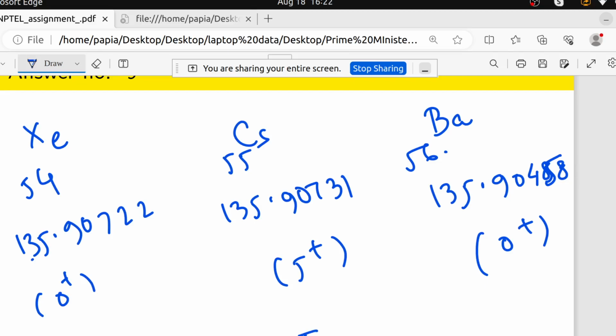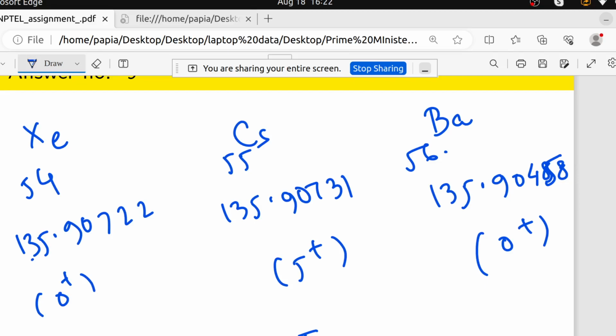So obviously xenon cannot go to cesium. That is 100% sure. So xenon cannot go to Cs. That is the first condition: xenon cannot go to barium with one single beta decay. Cesium can go to barium. That is the thing. Okay.